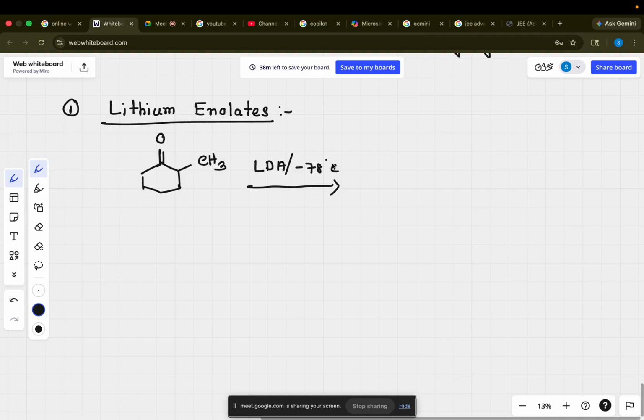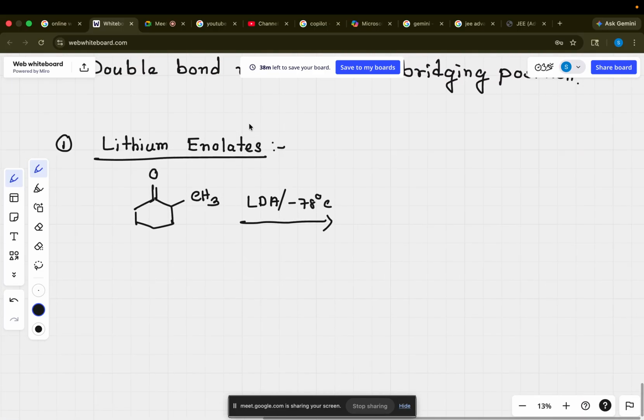One thing I want to mention: if you want to read this topic, enolate chemistry, from a book, you can follow Clayden, because that is the best book for enolate chemistry, and it has different versions. I don't know which version you have, so go to the index at the end of the book.